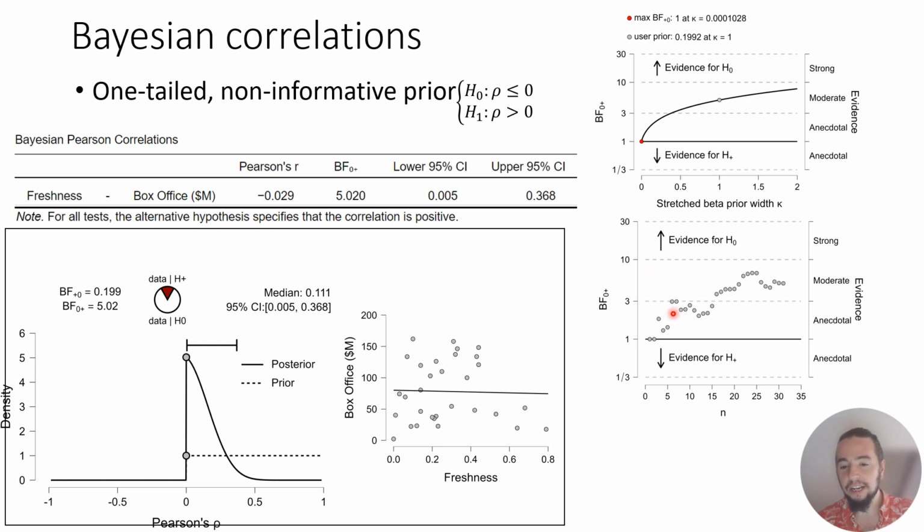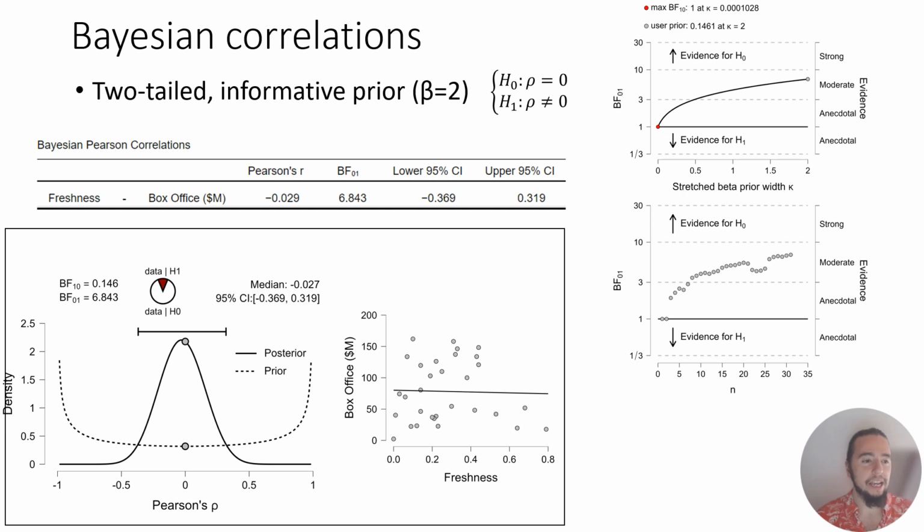However, in the sequential analysis, we can see here a general pattern towards supporting H1. Therefore, it is, no, not supporting H1, it's supporting H0. And therefore, maybe with new data or with more data, we can make a more informed inference.